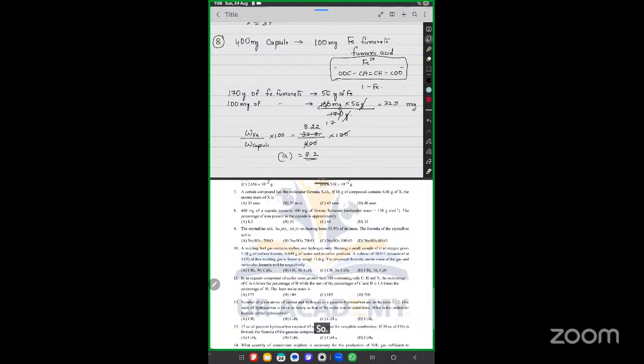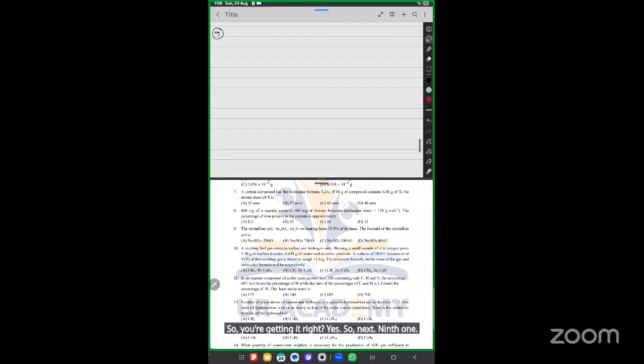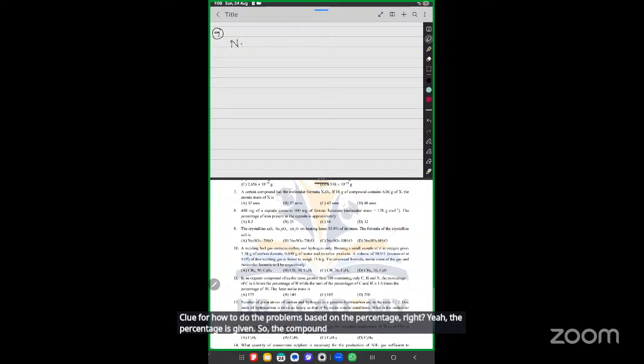So you're getting it right? Yes, ma'am. So next, the ninth one. The crystalline salt Na2SO4. See, I've already given you the clue for how to do the problems based on percentage, right? Here the percentage is given. So the compound is Na2SO4·XH2O.